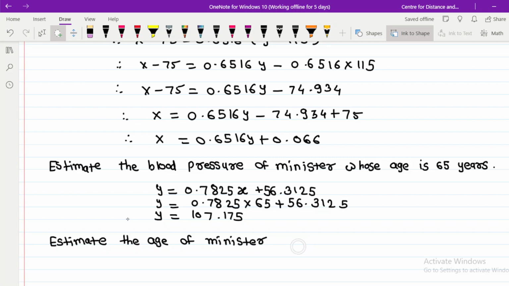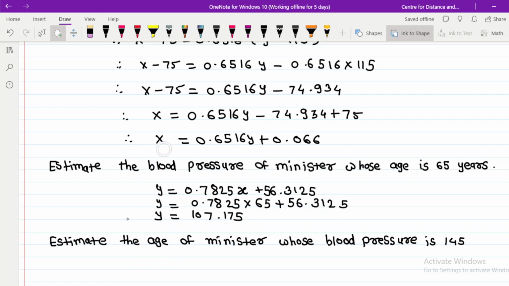Then we have to estimate the age of a minister whose blood pressure is 145. That is, the value of y is equal to 145.